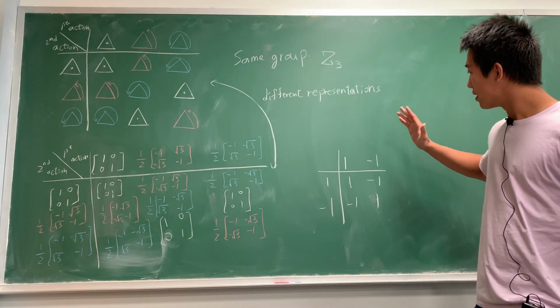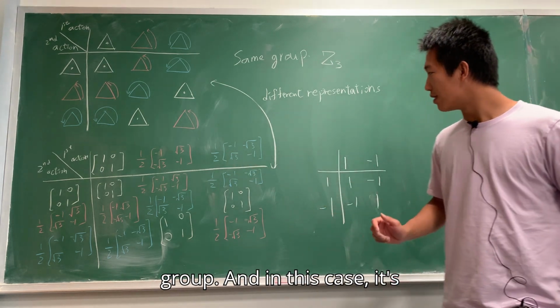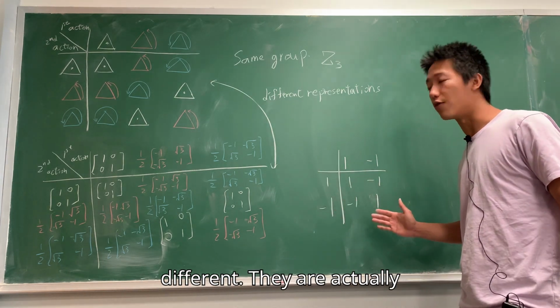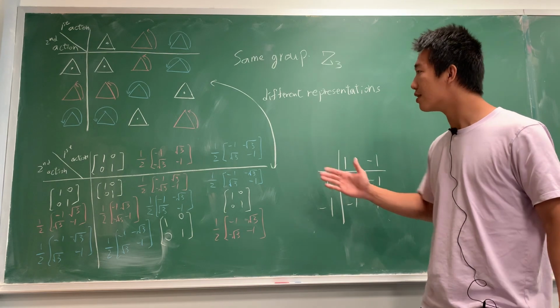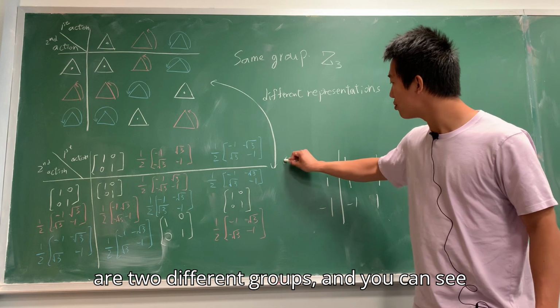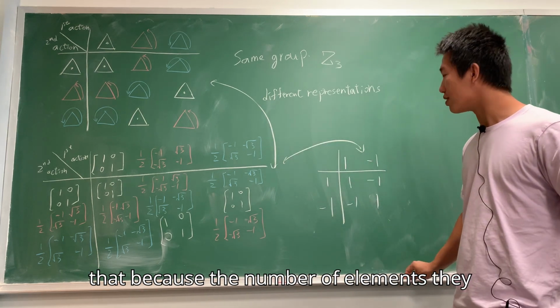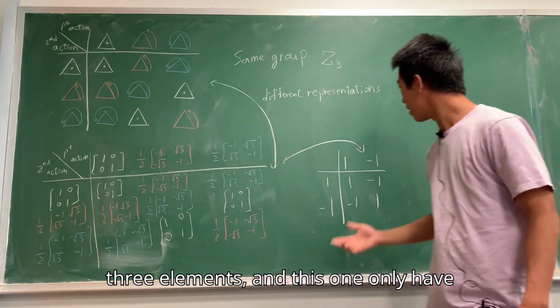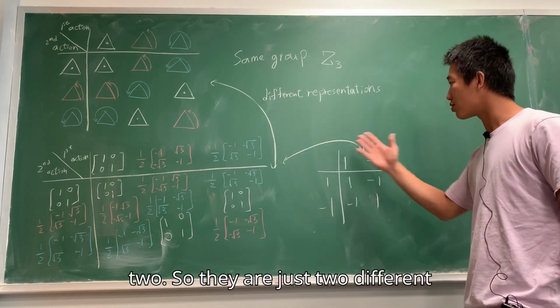And this group looks different from the previous group. In this case, it's not just the representation that's different. They are actually different at the group level itself. They are two different groups, and you can see that because the number of elements is different. This one has 3 elements, and this one only has 2. So they are just two different groups.